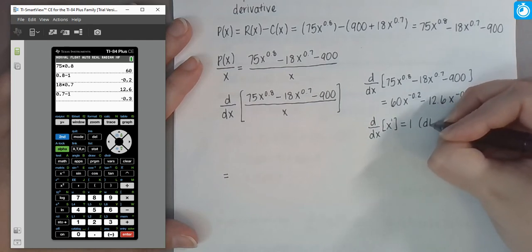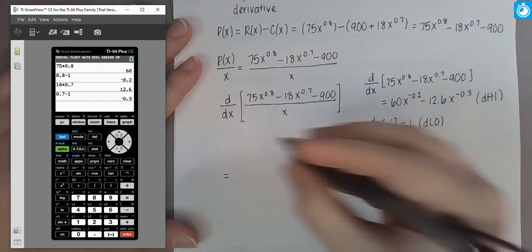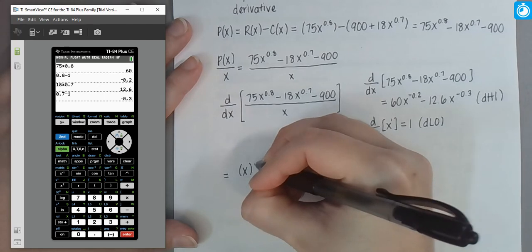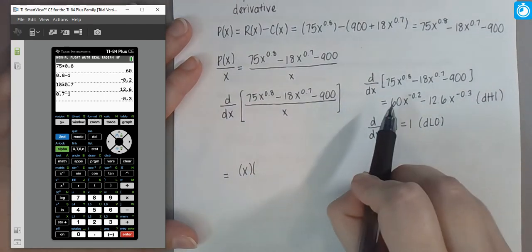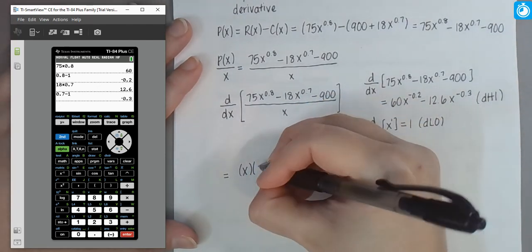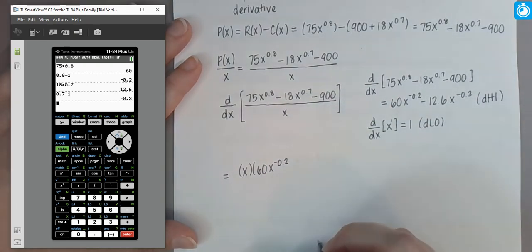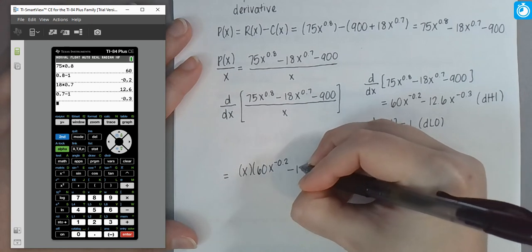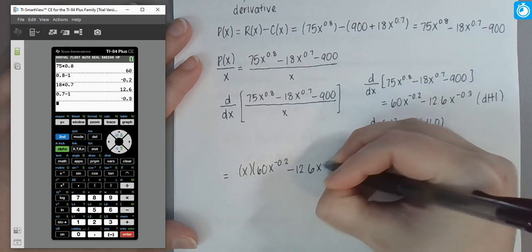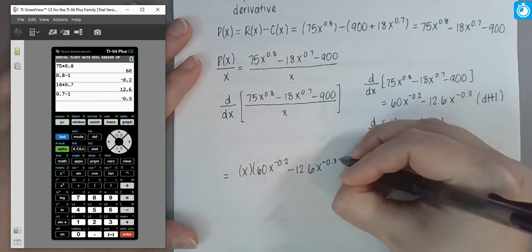And again, let me label this one. That's d low. So low, which is x, d high, which is what we calculated here. So 60 times x to the negative 0.2 power minus 12.6 times x to the negative 0.3 power.